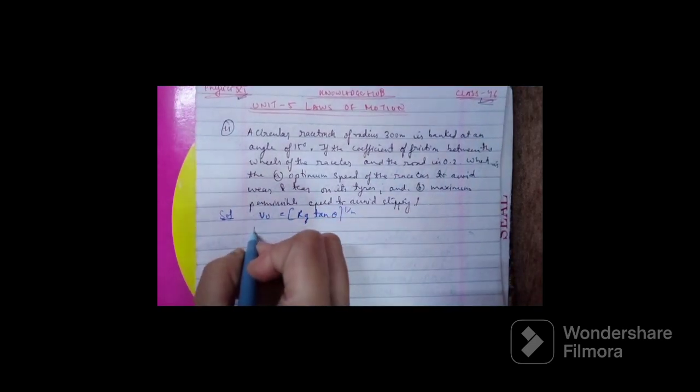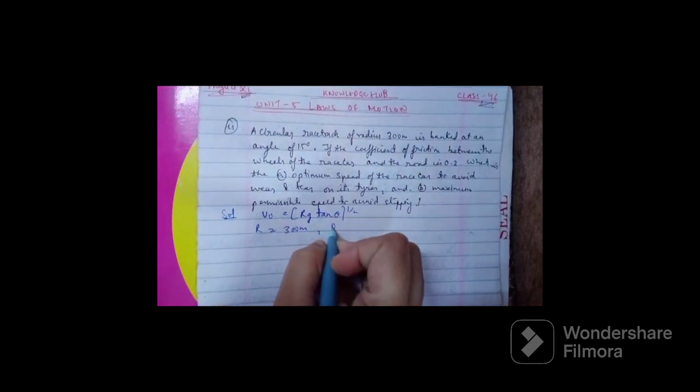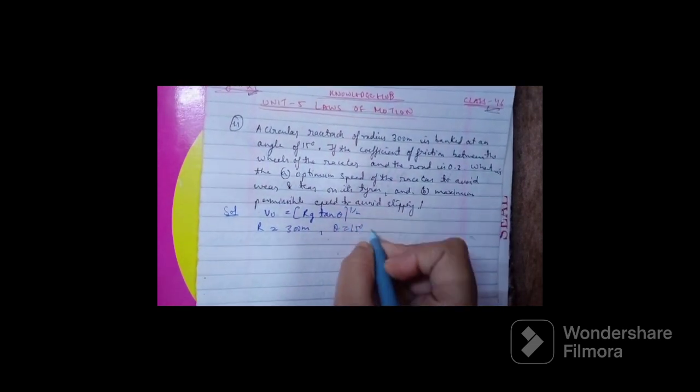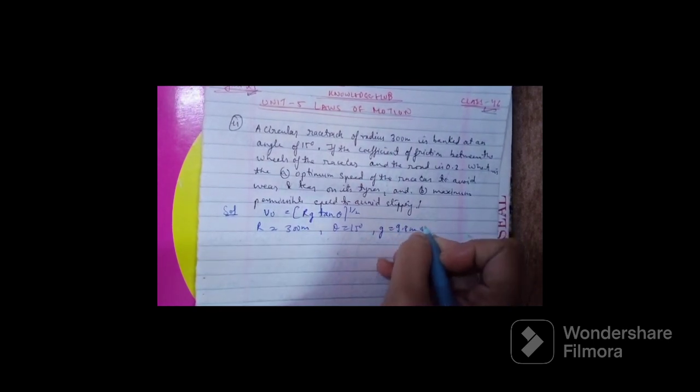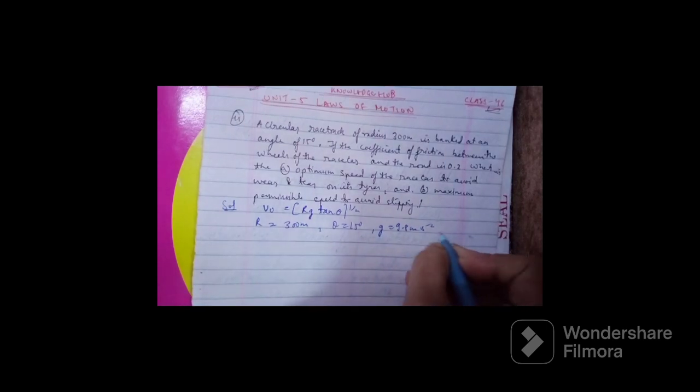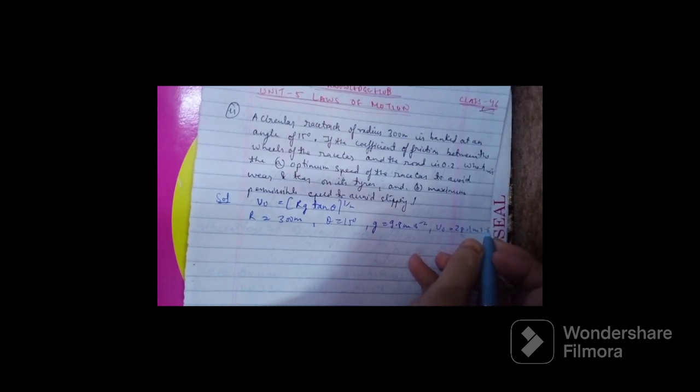So we have R equals 300 meter, theta equals 15 degree, g equals 9.8 meter second inverse square. So we have v0 equals 28.1 meter second inverse.